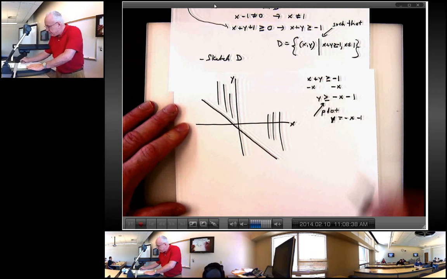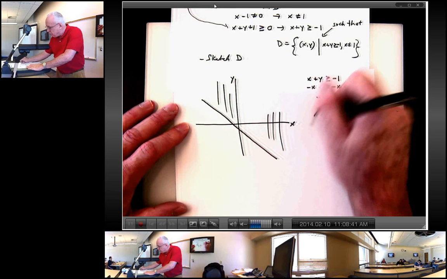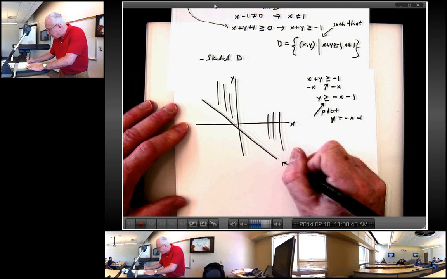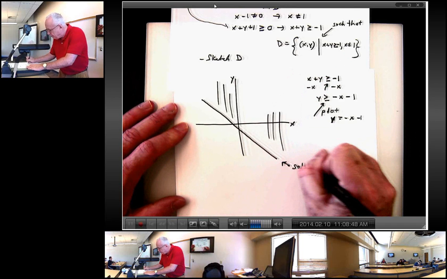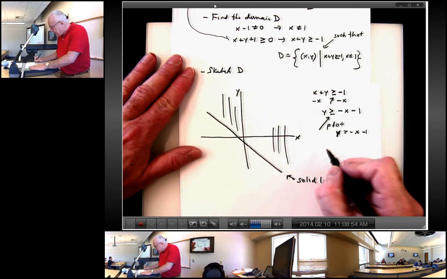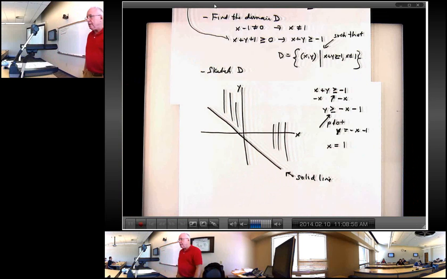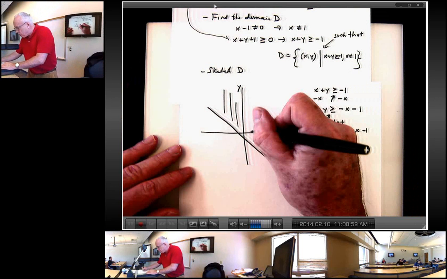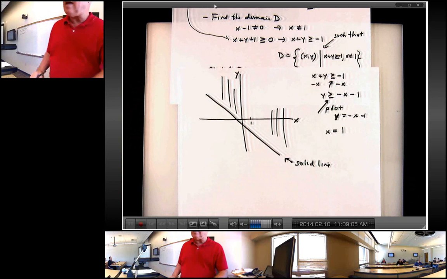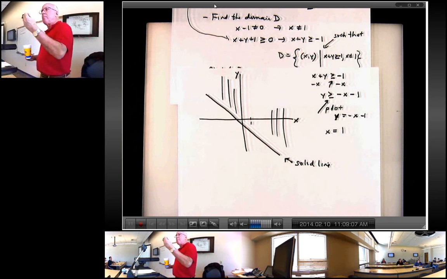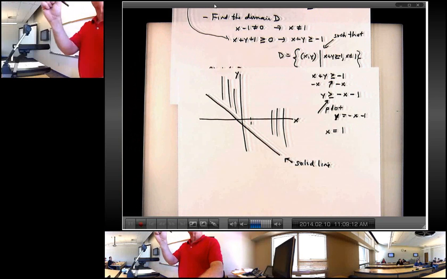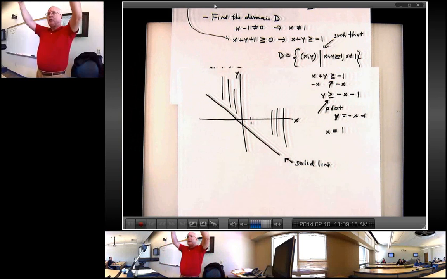And because there's an equal sign here, this is going to be a solid line. Finally, we also have that other condition that x cannot equal the number 1. So to indicate that, let's look at the number 1 for x. How might I indicate on the graph that x can't be that value? We need more than an open circle, because we're talking about the whole plane.